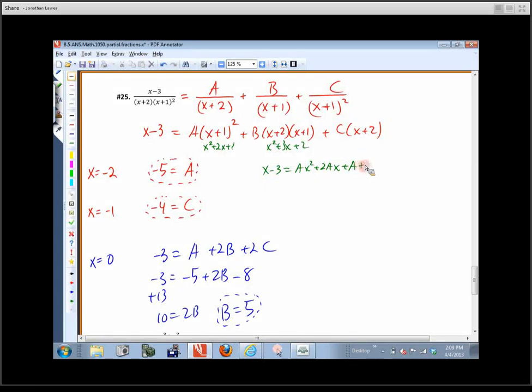This one's going to be bx squared plus 3bx plus 2b. And this one's going to be cx plus 2c. If you go through and solve that using a system of equations, you will find that b equals 5.